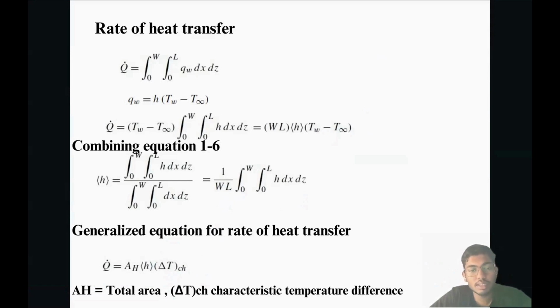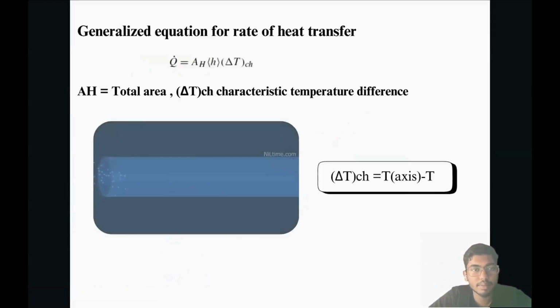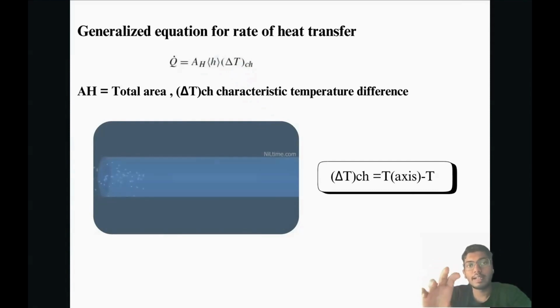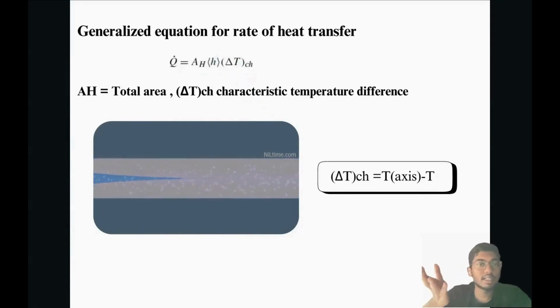Now let us discuss this characteristic temperature difference. In this equation, we know about A, that is the area over which heat transfer is occurring. H is the heat transfer coefficient, and here we are writing average heat transfer coefficient, which has this formula. Now we are looking at delta T characteristics, that is the characteristic temperature difference. Now characteristic temperature difference can be different for different systems. It is basically the temperature at any point minus the bulk temperature.